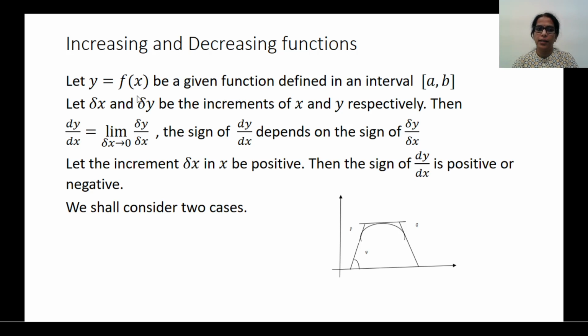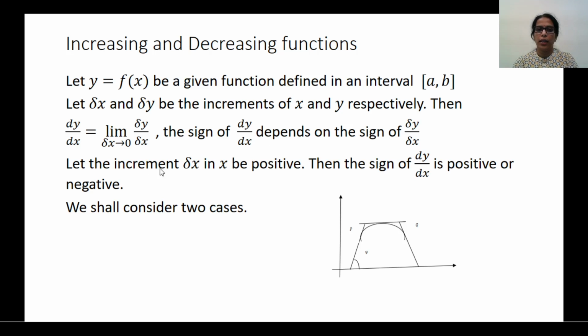Let delta x and delta y be the increments of x and y respectively. Then dy by dx is given by limit delta x tends to 0 of delta y by delta x. The sign of dy by dx depends on the sign of delta y by delta x.